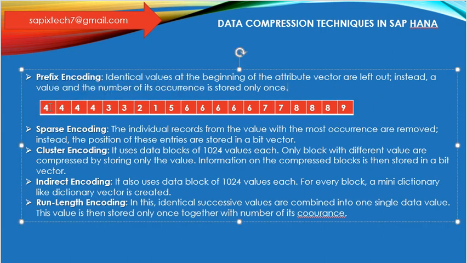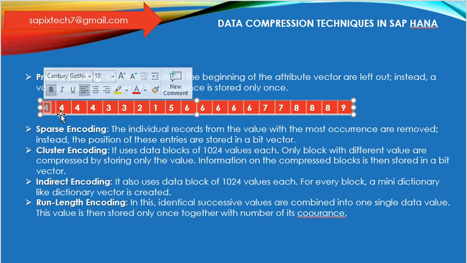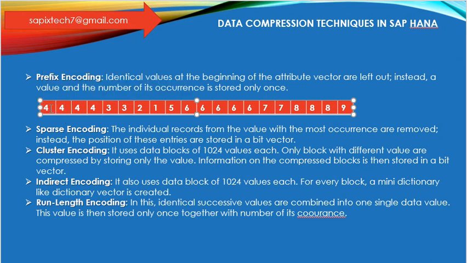There might be anything at position 4, a name, a location, any data. But looking at this data, we can understand that whatever value is stored for 4, for example SAP, is stored 4 times: 1, 2, 3, 4.